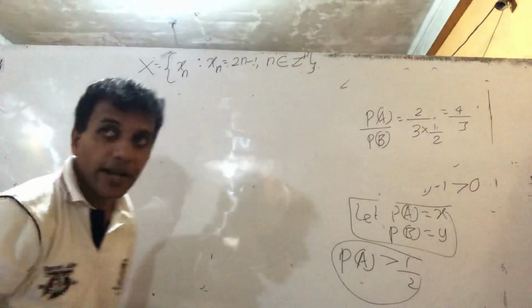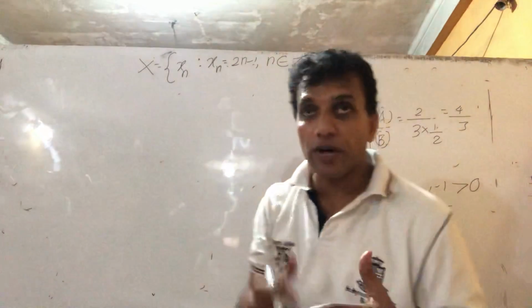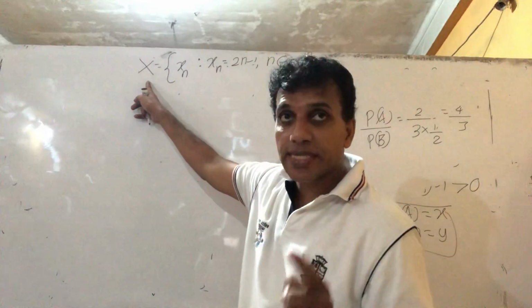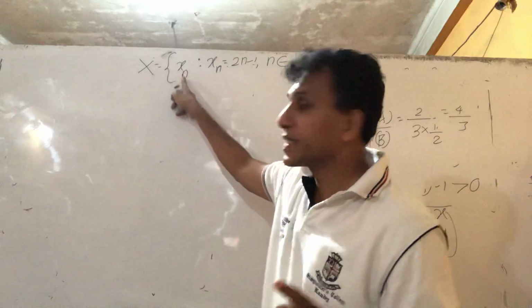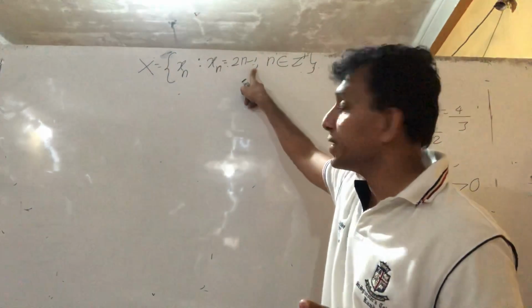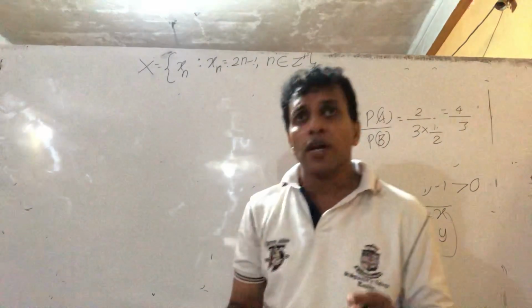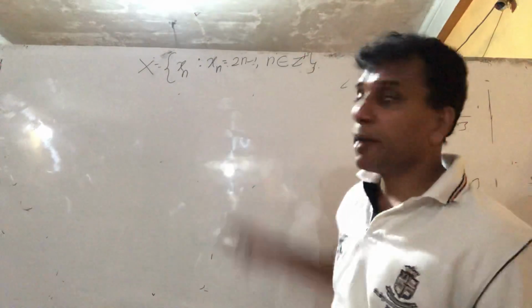This pattern we call generating form. How to read this: set capital X equals x_n such that x_n equals 2n minus 1, where n is a positive integer. The very first step is to describe these elements.